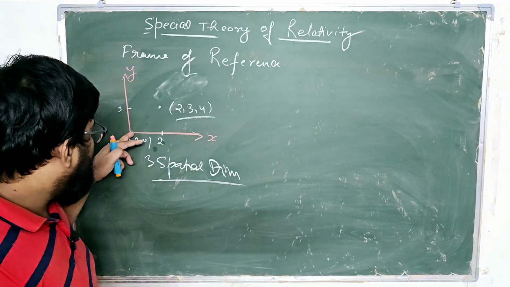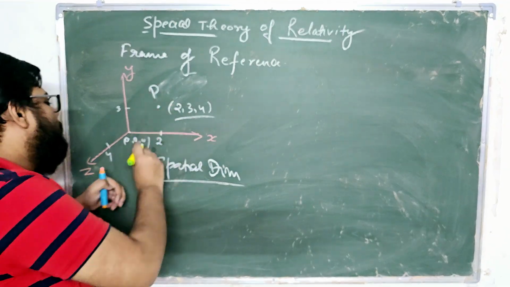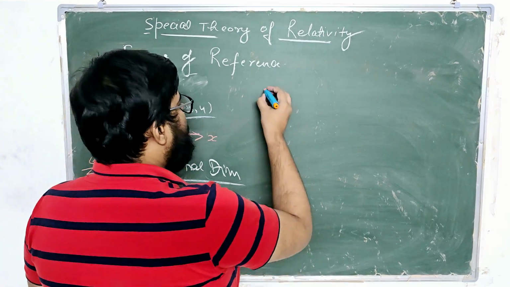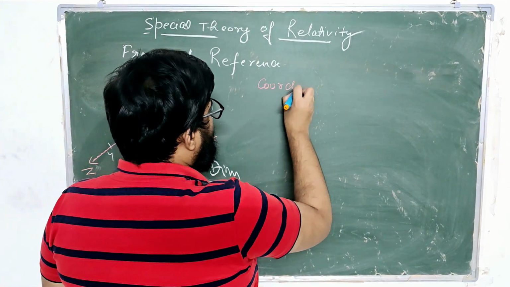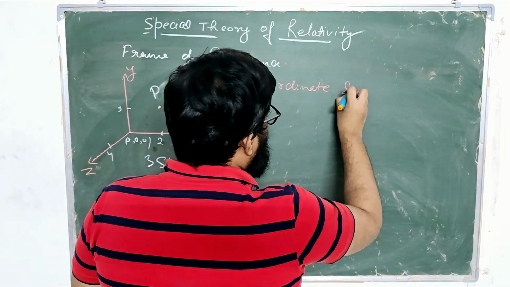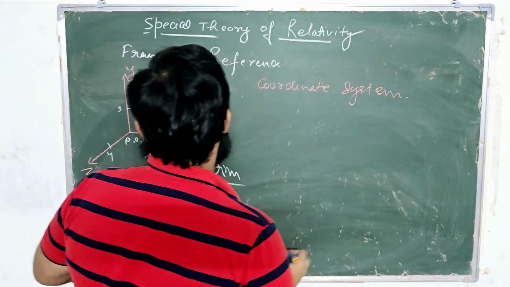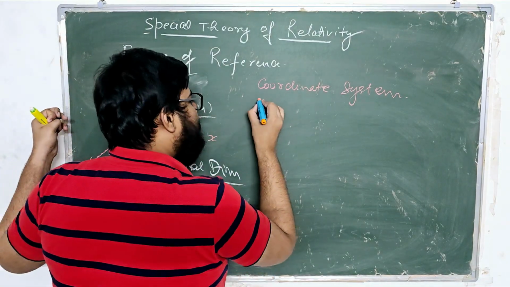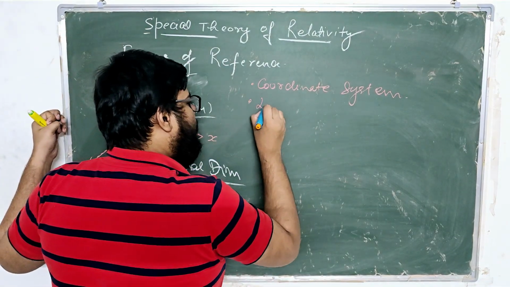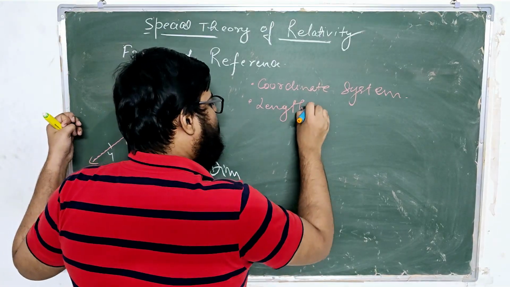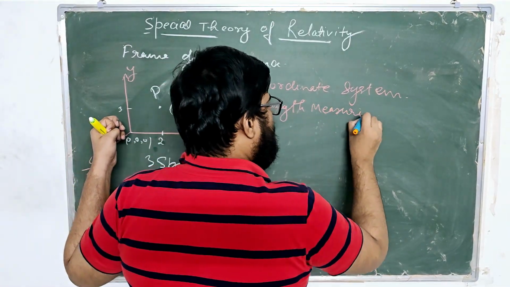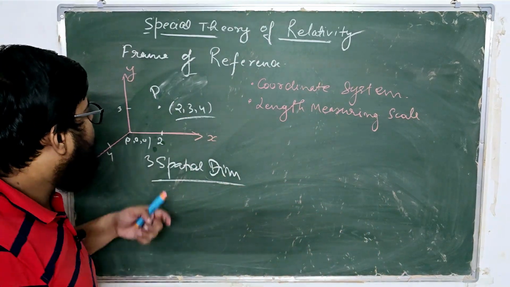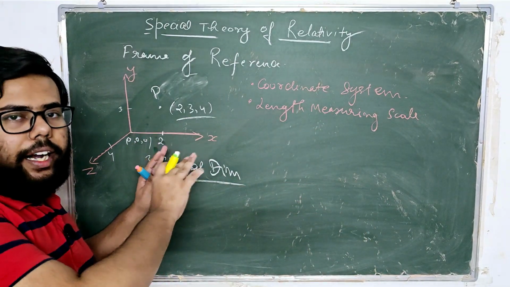So to know the distance of the particle from origin, what we do? We need a length scale for it. So we need a coordinate system. Now how do we know that this length is 2? What is 2? 2 units. So we need to have a length measuring scale, and at what time is this particle at that position?